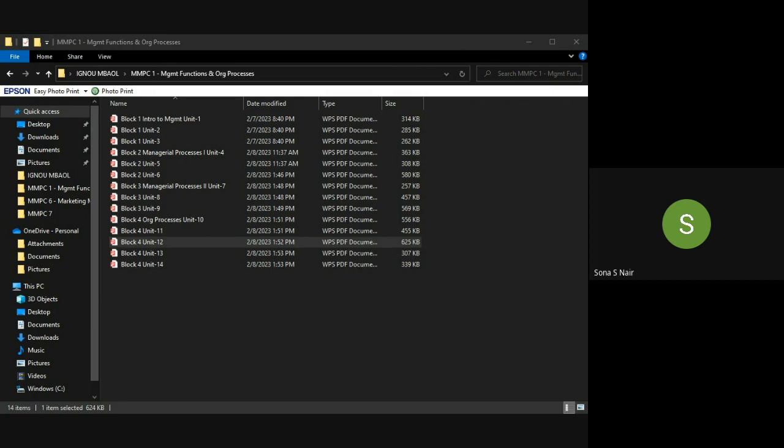Basically, this unit has a lot of case studies which you need to go through and understand, and then come up with any queries that you might have, and I would be there to get back to you on those. These are the definitions you need to go through, and there are certain social responsibility examples here.